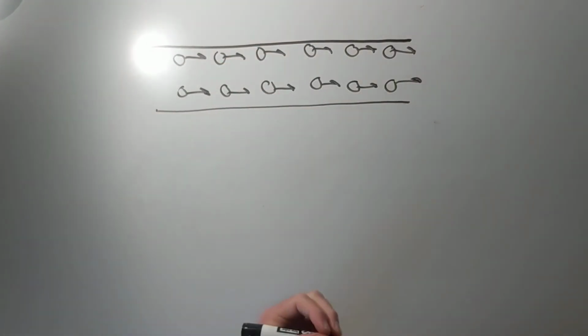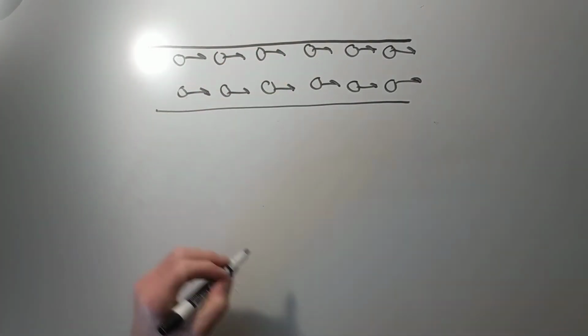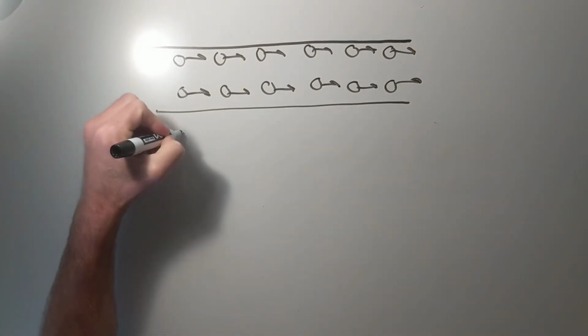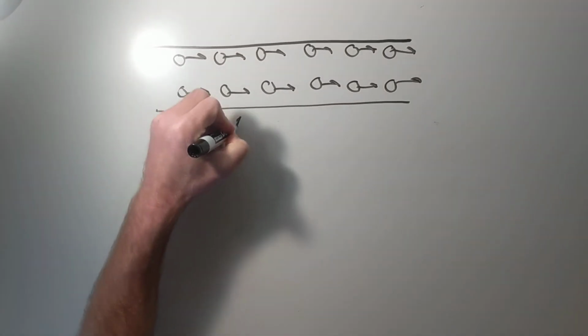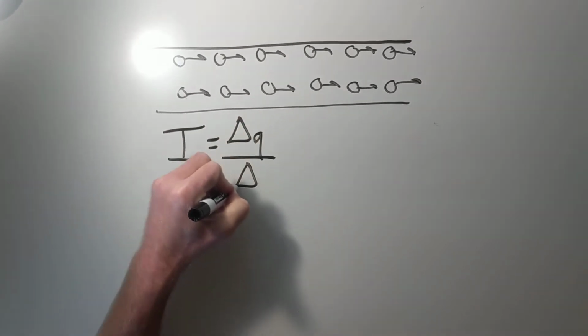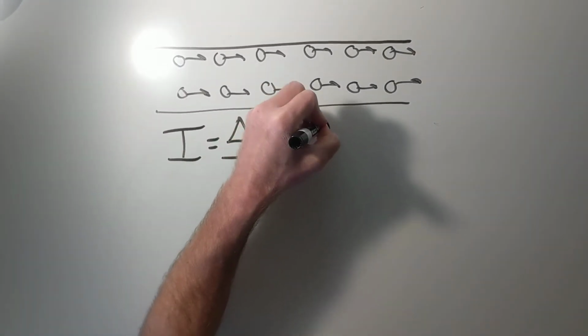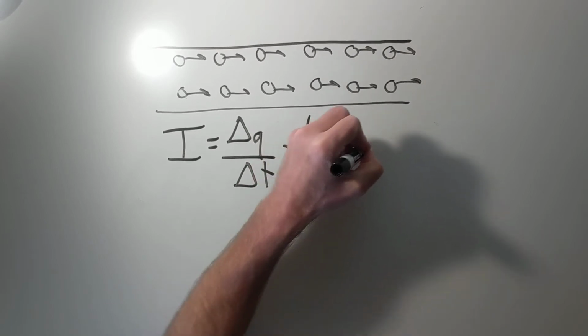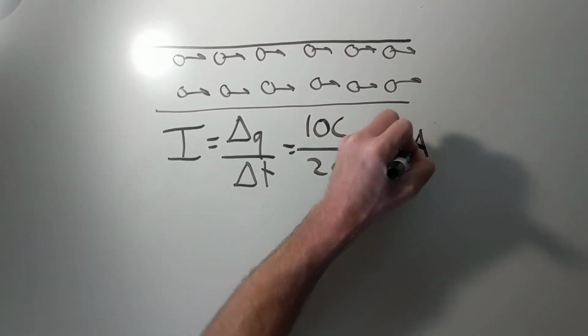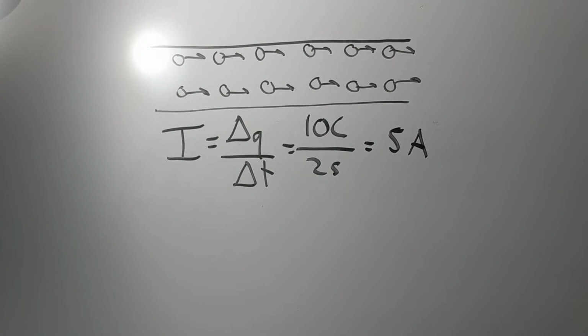If we want to find out how much current that is, the current is change in charge over change in time. 10 coulombs in 2 seconds gives us 5 amps. That's 5 amps of current that actually flows by. So this is how to do some simple calculations to find out how much current is present in a circuit. But there's a little bit more of a fundamental rule.